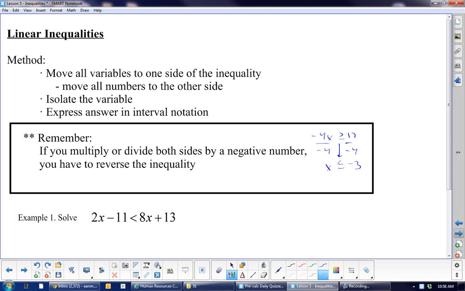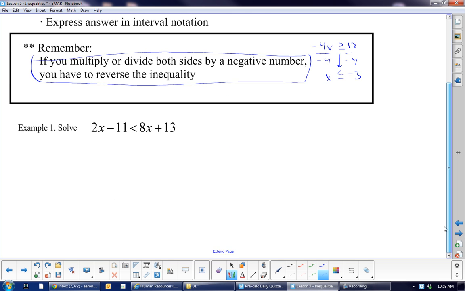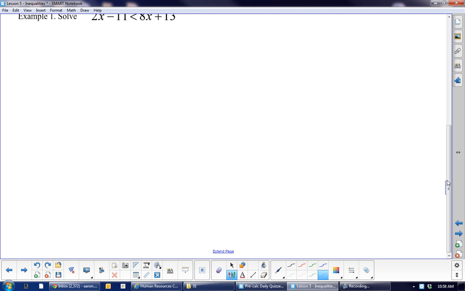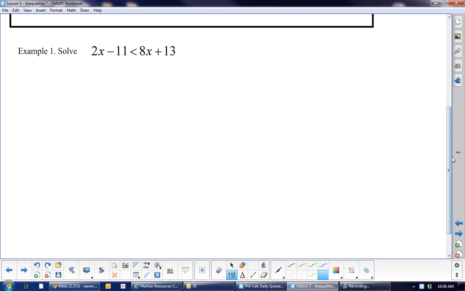Yep, that's exactly what this says right here. So this one here, how would I get this? We'll get everything on the left, just like you would have done in normal algebra. It doesn't have to be the left, whatever you pick. If I subtract 8x from both sides, I get negative 6x.